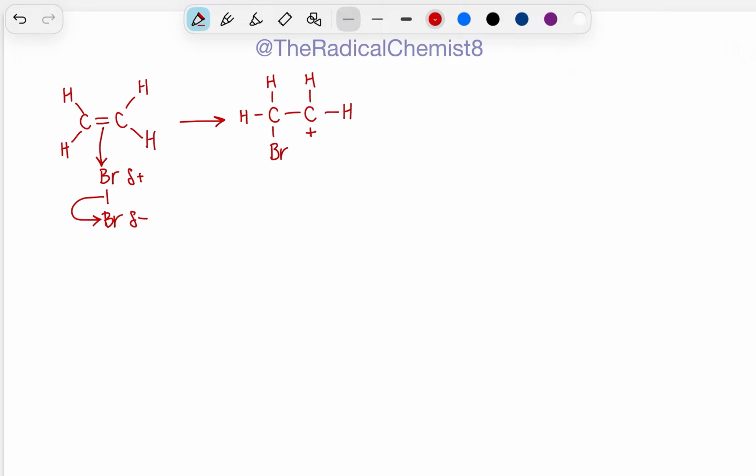And you'll have a carbocation there. And the other bromine with the lone pair then attacks that electron poor area, and you're going to form your product. So you've gone from ethene to 1,2-dibromoethane.